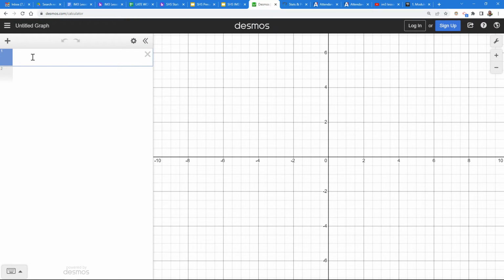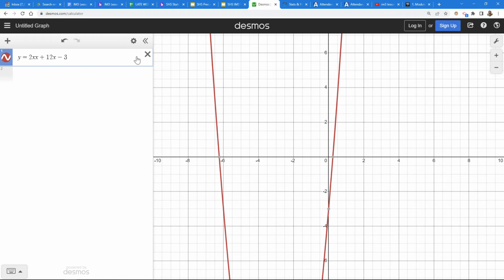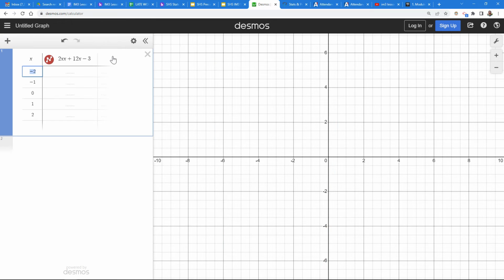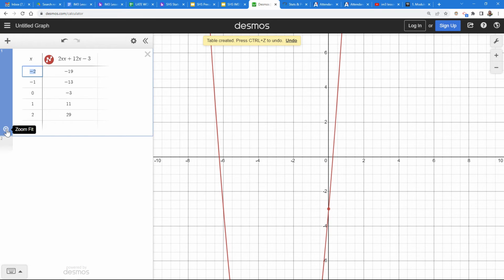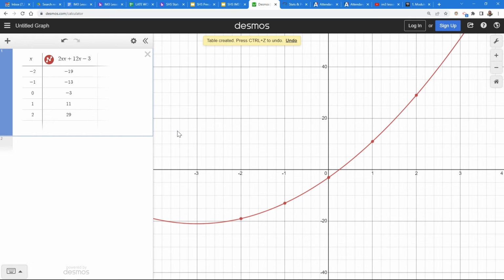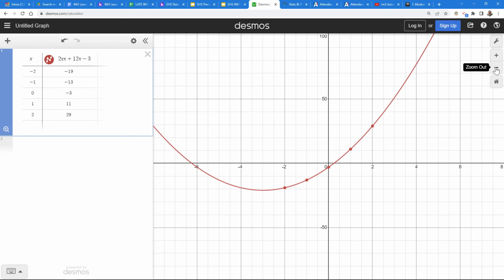All right, let's say in Desmos, I want to graph that question. So y equals 2x squared plus 12x minus 3. You'll notice the graph doesn't fit, so if you click on the gear icon or the circle, click on the table here, and then if you click on the magnifying glass, that'll zoom into the points that you want. If you zoom out on your graph and you click on the vertex, the minimum, you'll notice that this is actually question 4b.